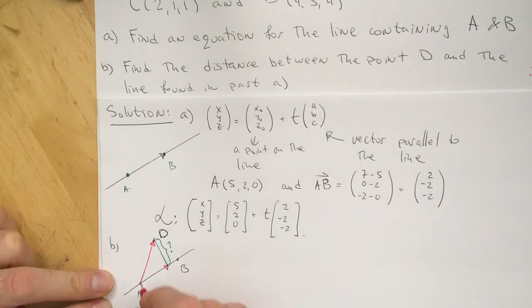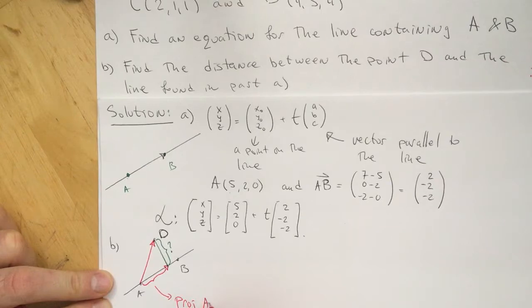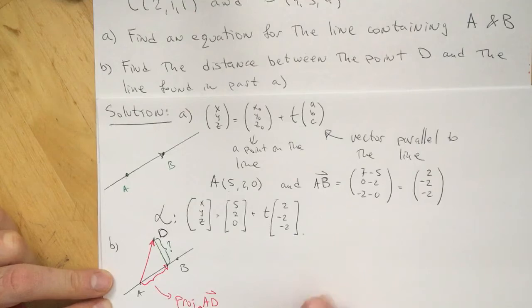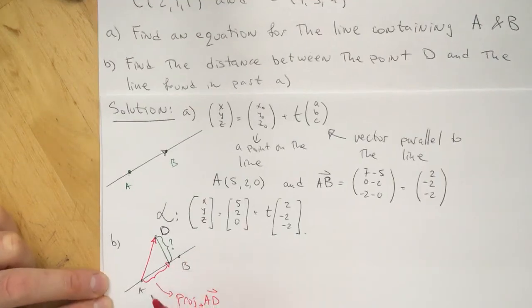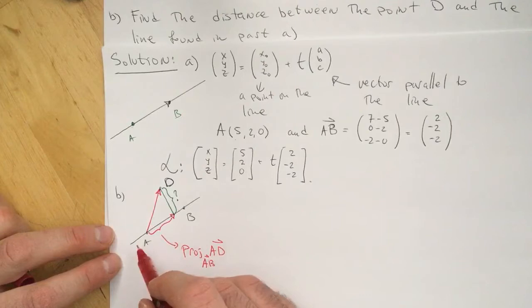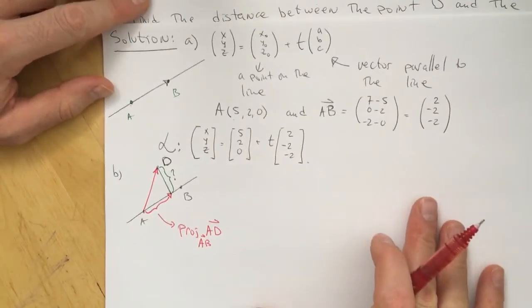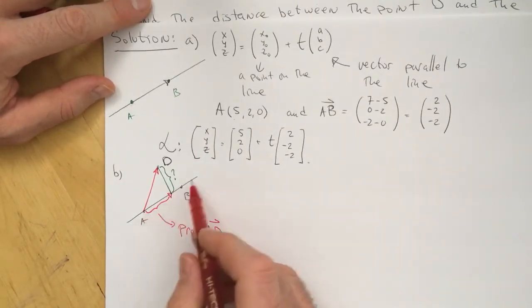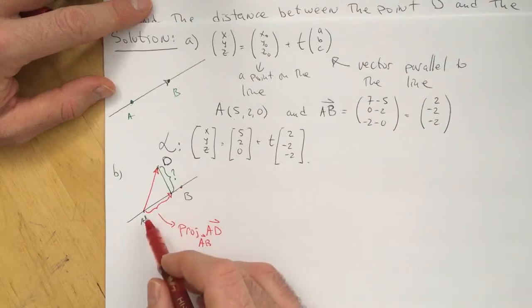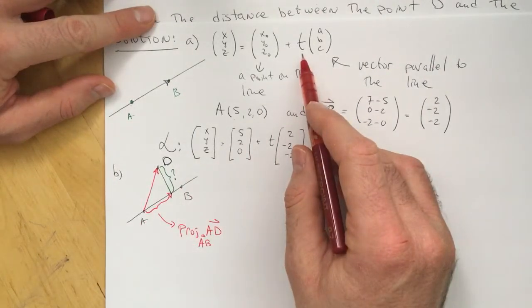So this is going to be the projection of the vector AD onto the vector AB. If you're not given a particular point on the line, as we are right now, you can find a particular point on the line just by choosing any t that you want.